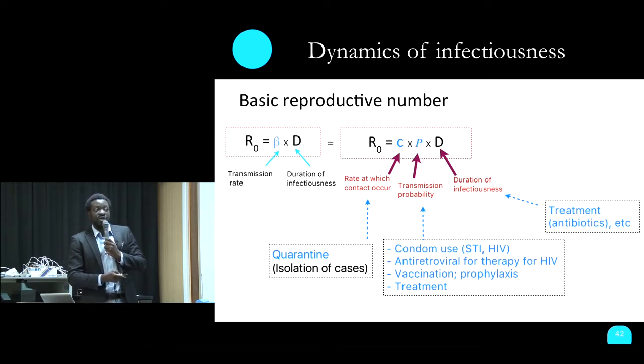The duration of infectiousness: some infectious diseases can be treated by antibiotics. When you treat, you decrease the duration of infectiousness, you stop the transmissibility. So most of the interventions will be playing on one or many of these factors in order to control the infectious disease.